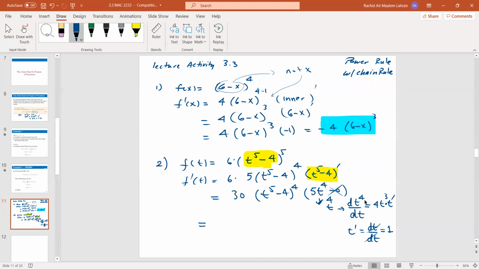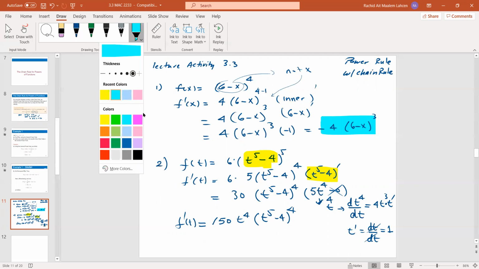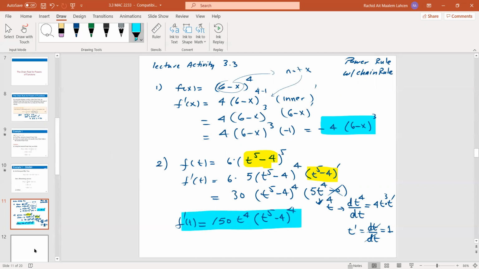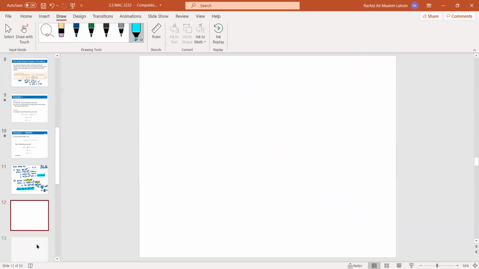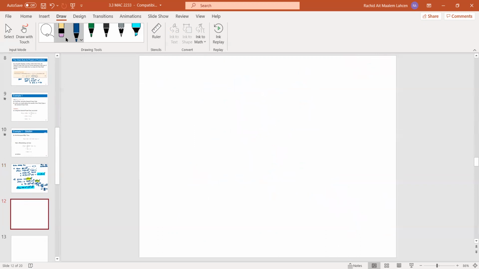All right, so now we multiply 30 with the 5, so 150, and t to the fourth, and (t to the fifth minus 4) to the fourth. That's it. So you see, it's not bad. It's just a matter of using the chain rule in a correct way. And now we're dealing with it when it comes to the power rule as well.